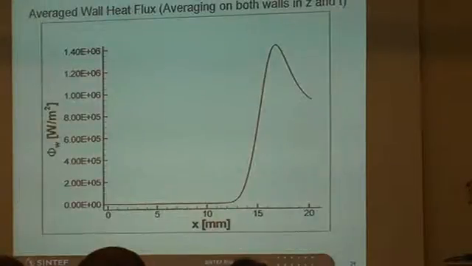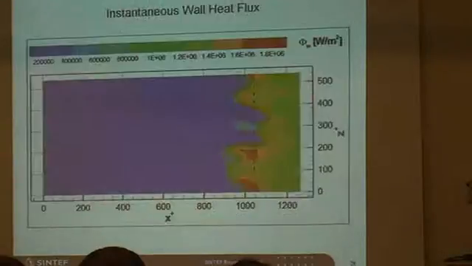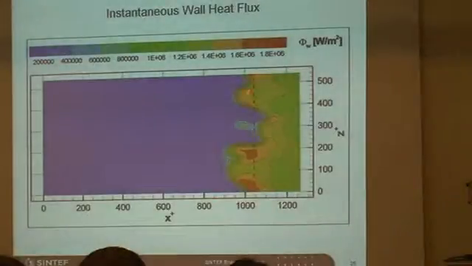So what we did then was to estimate the wall heat flux along the channel, and we found that the peak was at a certain distance from the inlet. This dashed line is the line of the maximum wall heat flux, and this is the instantaneous wall heat flux.